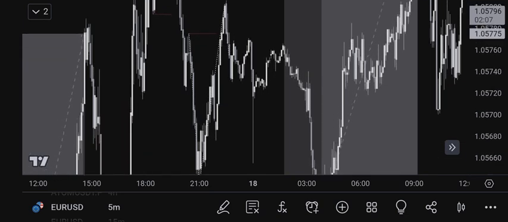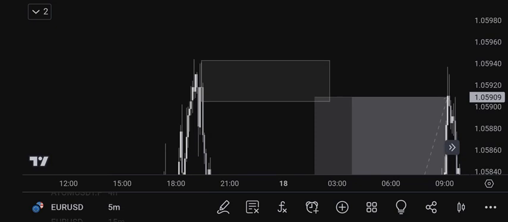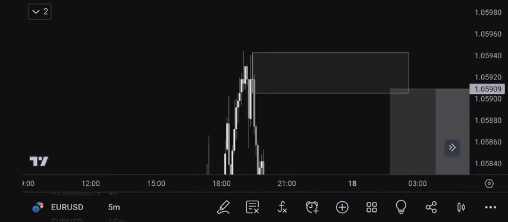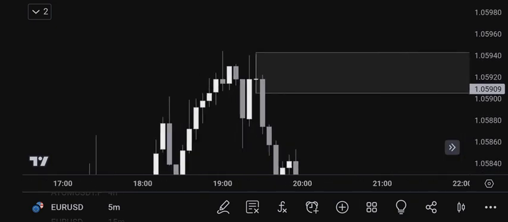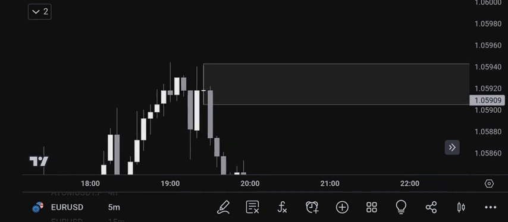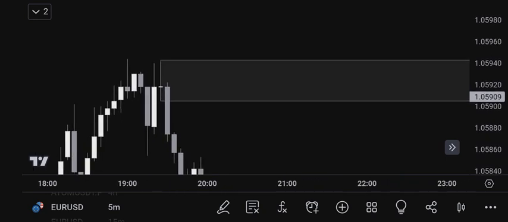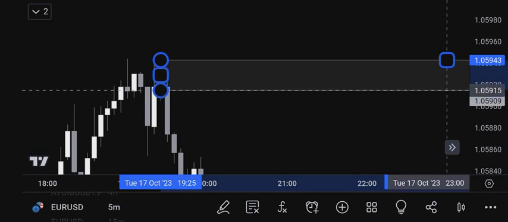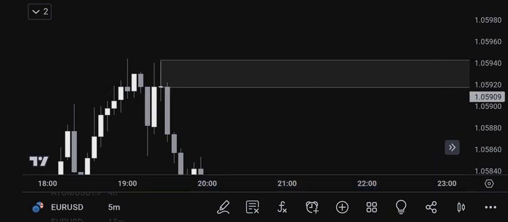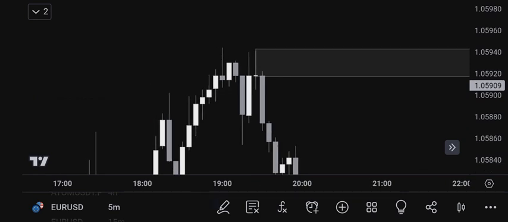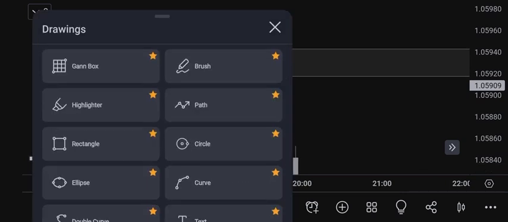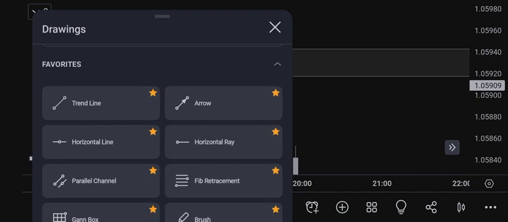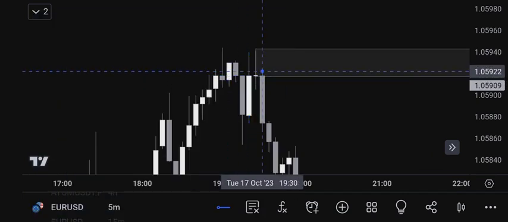As you can see here, if you read my liquidity trade, I told you guys that indecision candles tend to be good zones. So as you can see here, this is an indecision candle. If I'm trading it, my TP will be here. So I'm trading from here, and this is what I'm exiting.